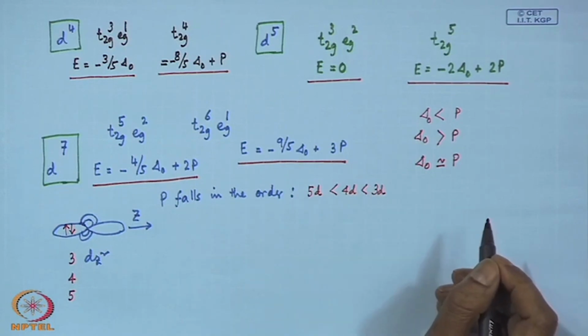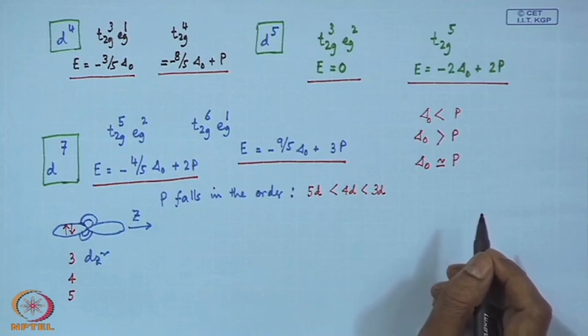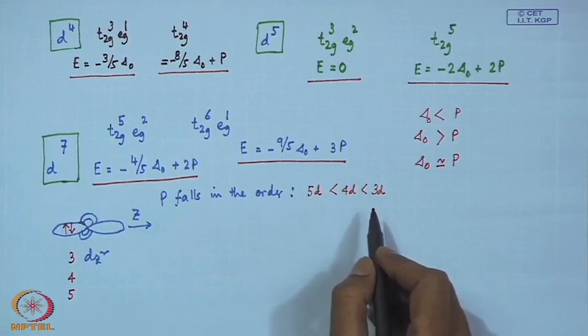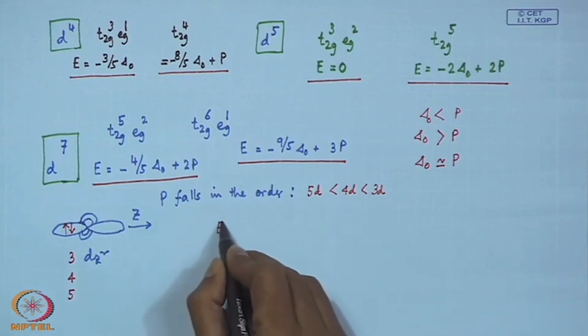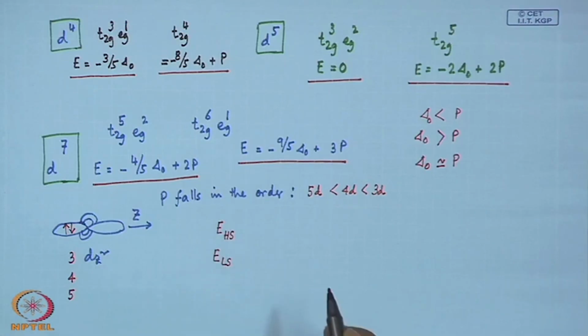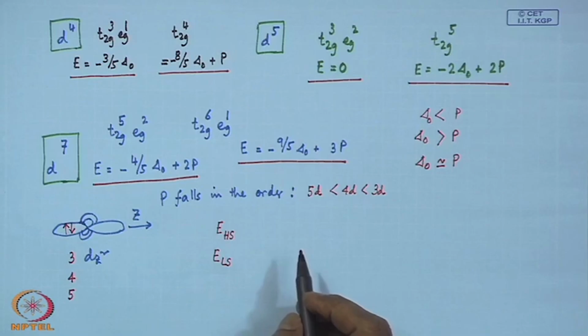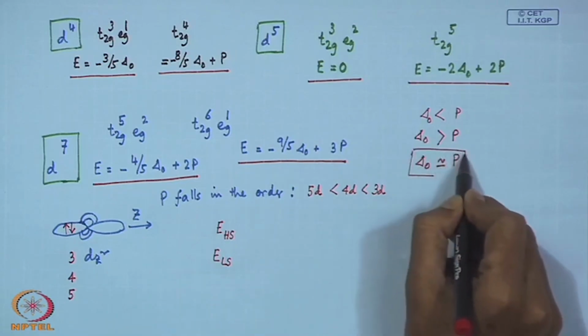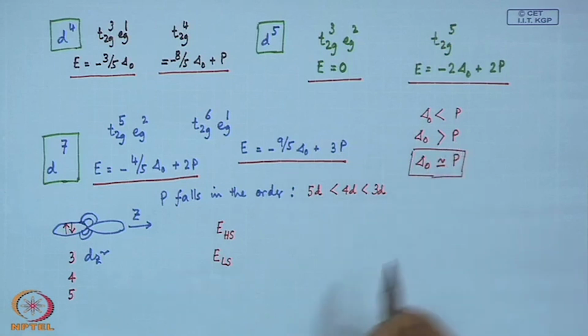So if we just simply compare these values, if we have the corresponding energy for the high spin and the corresponding energy for the low spin situation, we just compare. So when we have two different types of energies, there will be a situation where we have a value like this, which is the critical crystal field.